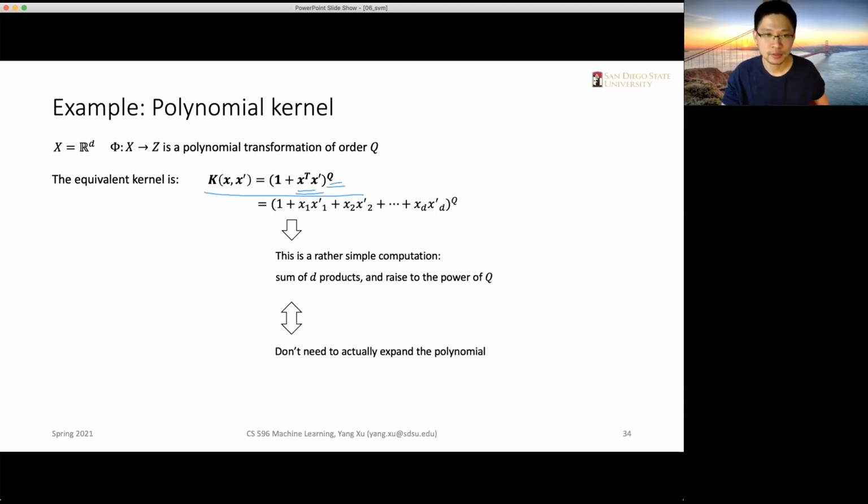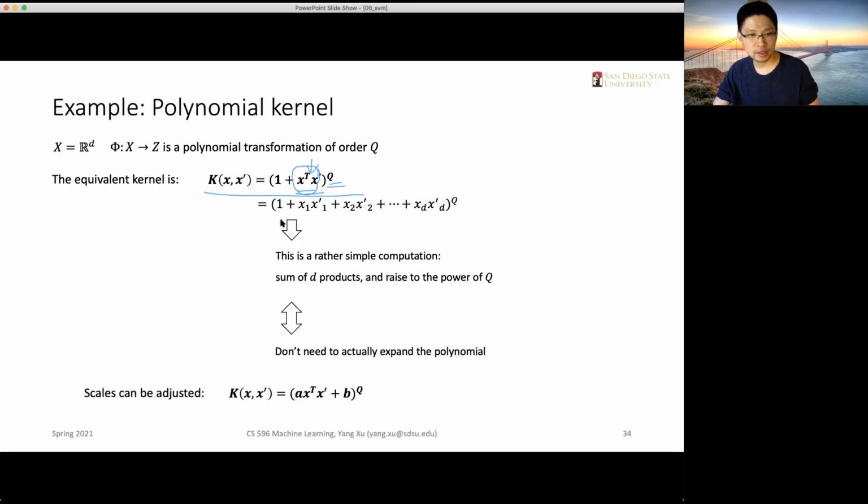Computationally, it's rather simple because given the data, we can immediately compute the inner product between each pair of x, and then we just use 1 plus that inner product and raise it to the power q. We can immediately get some kernel values in some new z space.